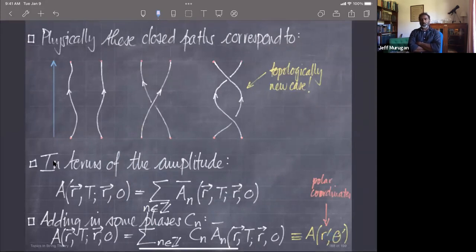Essentially, I get what's called braiding statistics that tells me that in order to deform this path here into either this one, or for that matter, an infinity of other ones, I have to do something drastic. I have to cut this path, right?